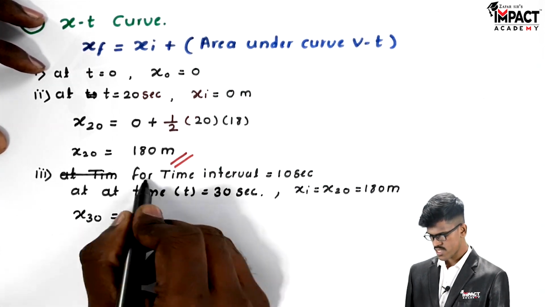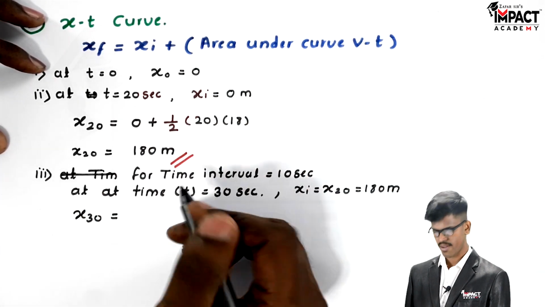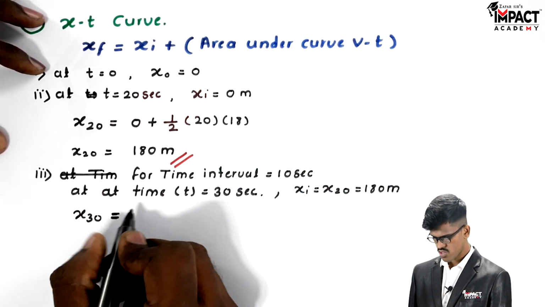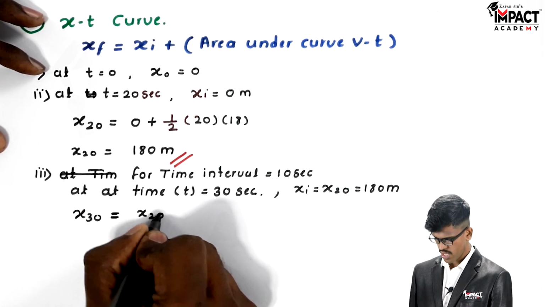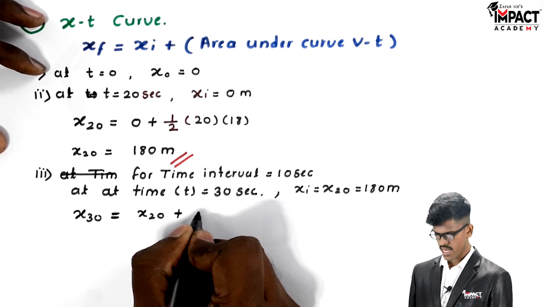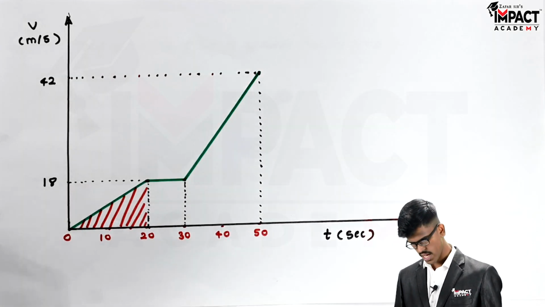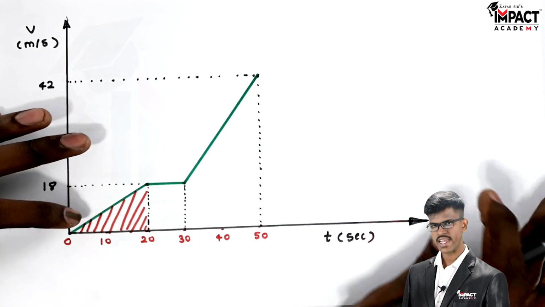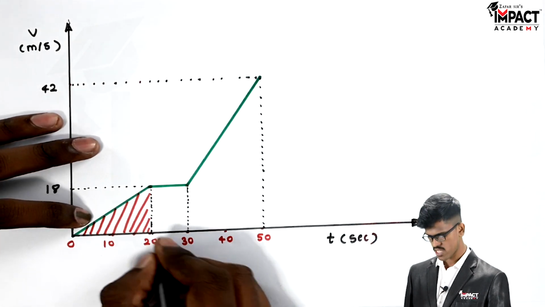Then we have to consider the next time interval. Okay, so x30 is equal to x20 plus area under the curve. So we have to consider area after 20 seconds because here our initial position will be x20.